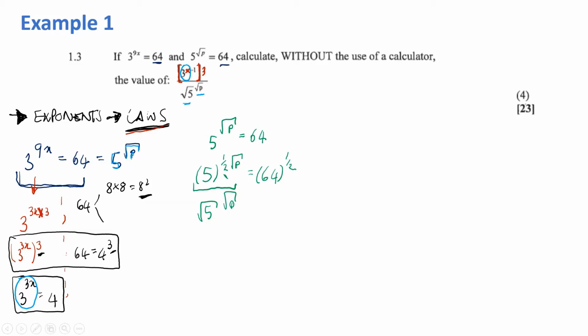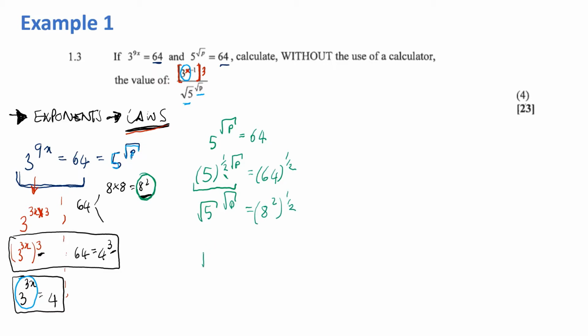But we had earlier that 64 can also be written as 8 squared. So what I have now is 5 square root 5 to the power of p equals 8 squared to the power of a half.